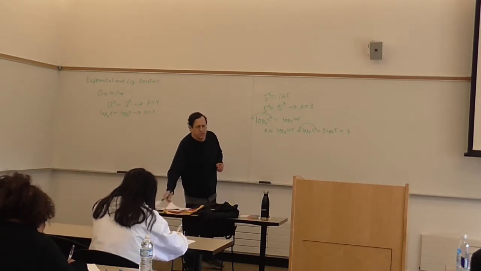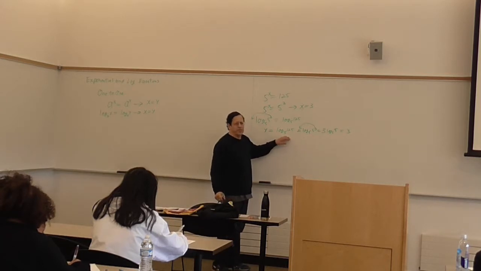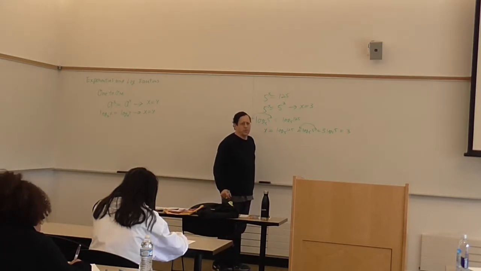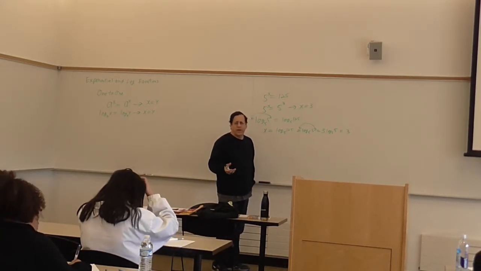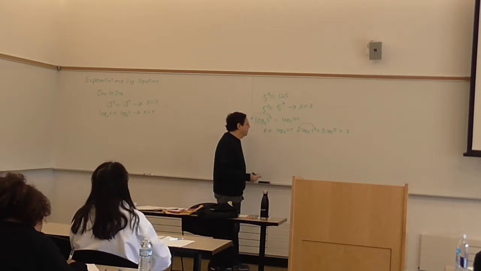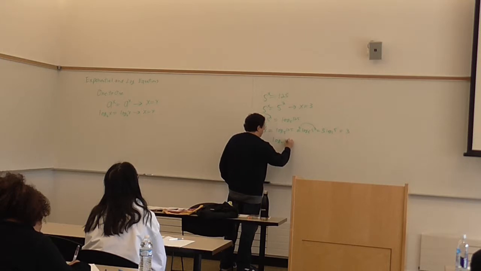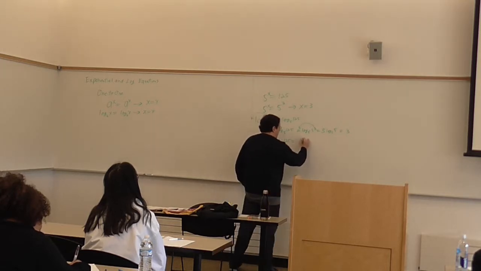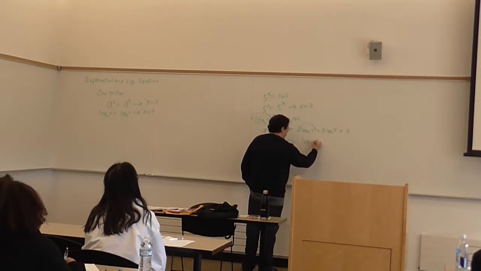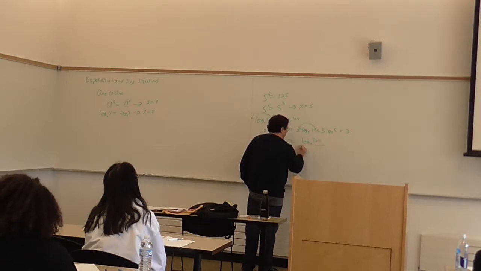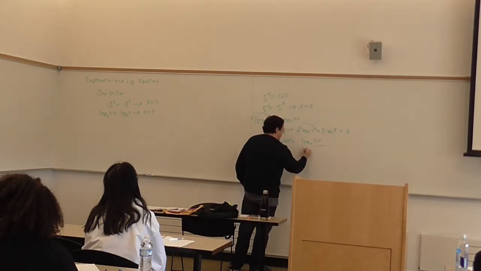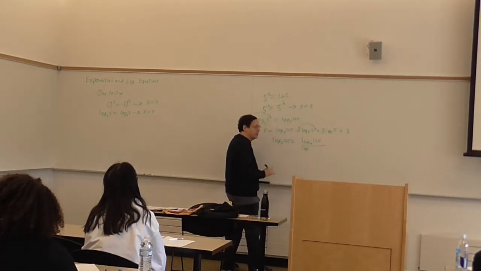The numbers might not be so nice, and I might still want to evaluate this, right? But we learned how to do that just a few minutes ago, right? We know that log to the base 5 of 125 is log to the base 10 of 125 over what?